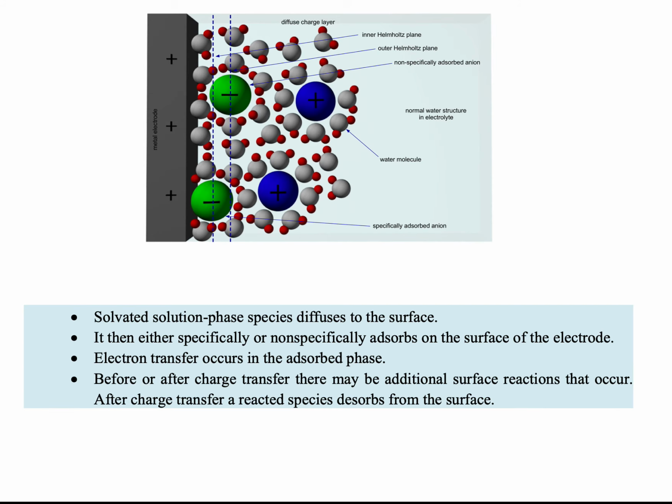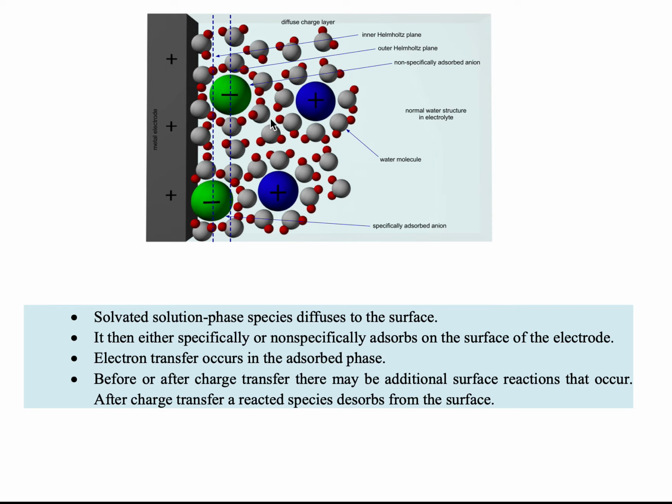So, how does electron transfer occur heterogeneously at a solution solid electrode interface? A solvated species moves toward the surface. It will diffuse toward the surface, and then it will become either non-specifically or specifically adsorbed. Specific adsorption is when the adsorbate directly contacts the surface of the electrode.